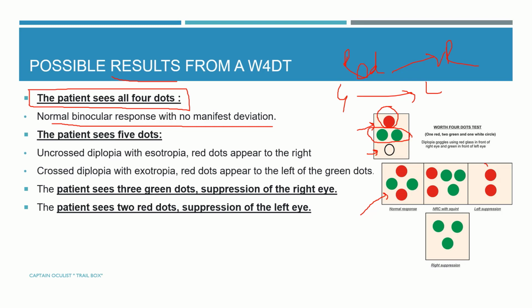If 2 red lights are seen, left eye suppression is present. If 3 green lights are seen, then right eye suppression is present. If 2 red and 3 green lights are seen, then diplopia is present. In a normal patient, all 4 lights are seen. So this is all about the Worth 4 dot test.